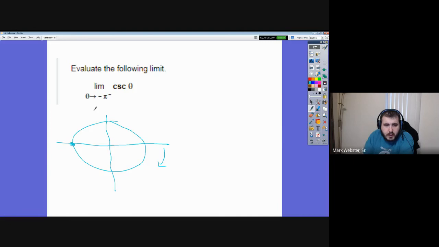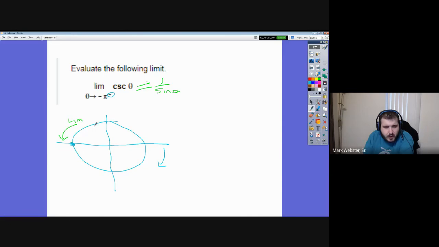Going this way, and then saying from the more negative numbers, right? So the limit is going this way. We know the whole point of this is that this is actually 1 over sine, right? And sine is 0 here. That's why there's an asymptote here.